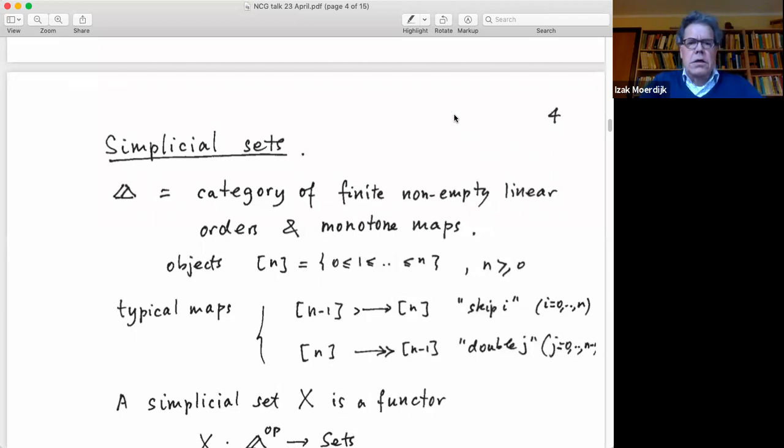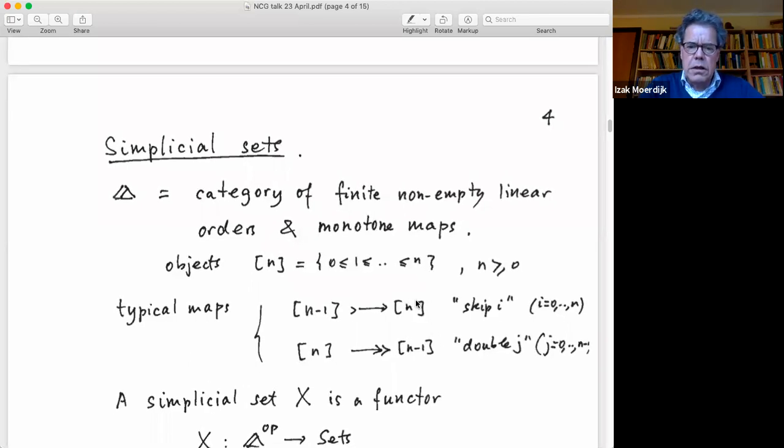So delta is the famous category of finite non-empty linear orders and monotone maps. And usually one takes a skeleton. So the objects are brackets n, that's the linear order 0 up to n. And the morphisms are order-preserving maps.